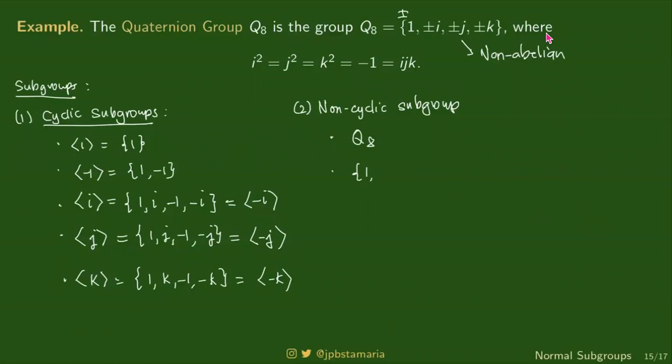If I put in i, j, or k, I immediately get four elements. According to Lagrange, the order of a subgroup must divide the order of the group. So aside from subgroups of order 4, there are no subgroups of order 5, 6, or 7. There cannot be such subgroups. So I can't put in i here because only this will come out.